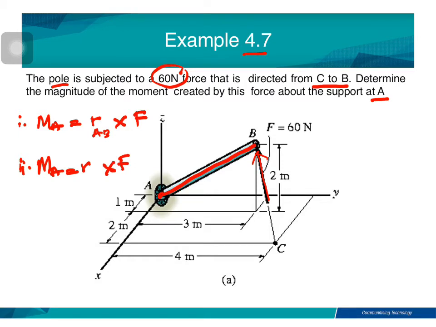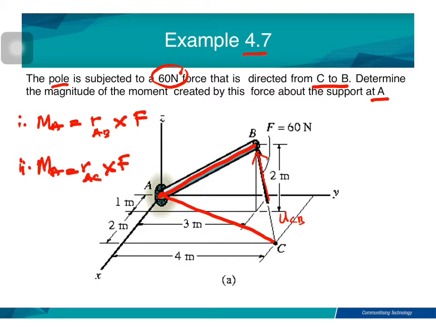You can have the line of action from point A to the force. Because the direction is from C to B, you can have this line, so you can have this position vector RAC here.